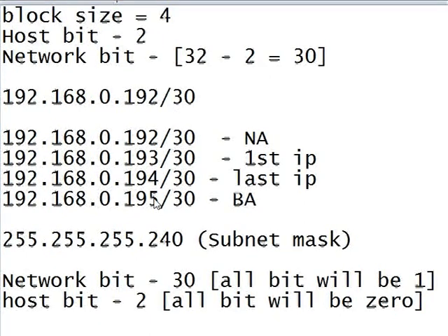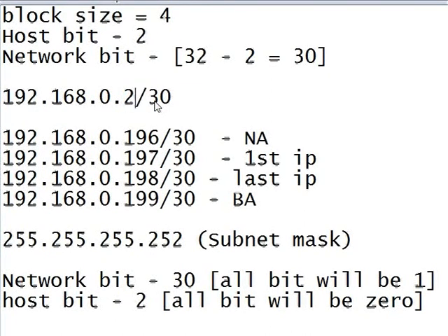I am getting 2 IPs, 193 and 194. The subnet mask will be 252. So this is my subnet mask, and this is one network. Next, after 192 add 4, 196. So the next network will be 196, 197, 198, 199. So this is my next network.